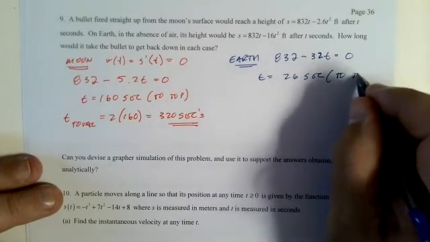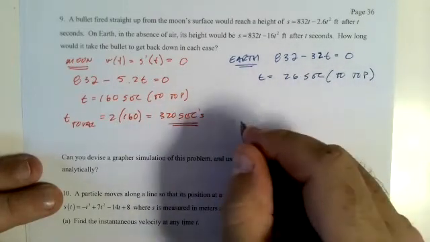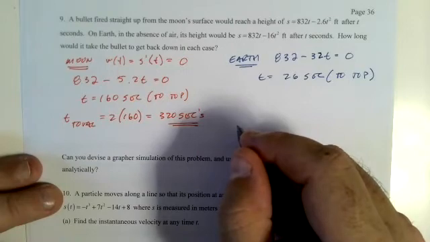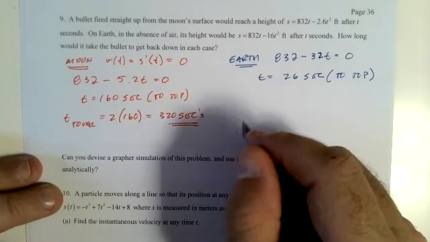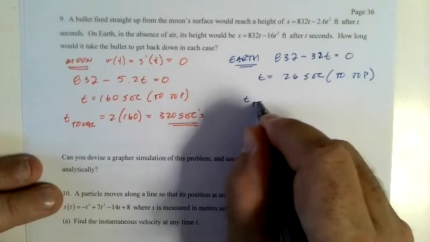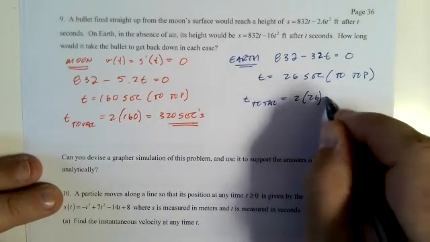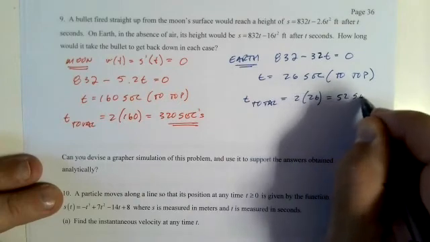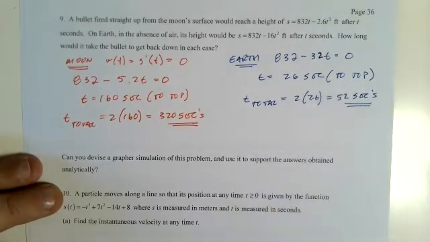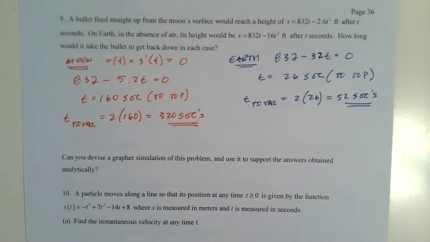Again, that's just to the top. So T total equals 2 times 26, 52 seconds. I believe I rounded. That's okay, we'll leave it at that.